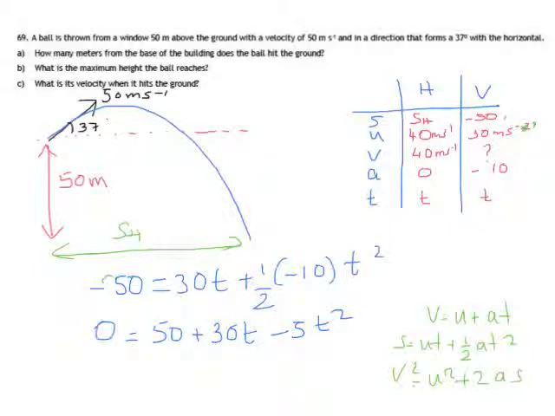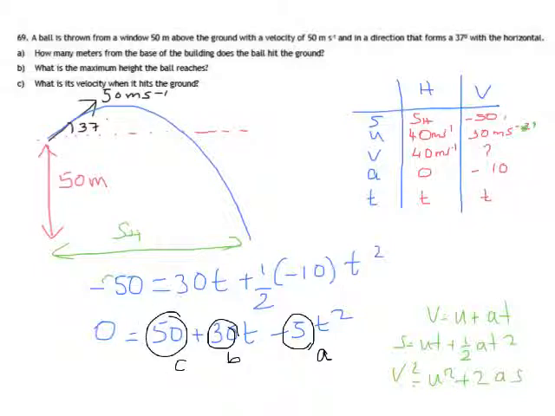Now, the quickest way to do it is to plug it into the mathematical quadratic equation formula. Let me just remind you what that is, if you can't remember it from maths. It's minus b plus or minus the square root of b squared minus 4ac, over 2a. And of course, just to review, our a would be the coefficient of the squared term. So this would be a, this would be b, and this would be c.